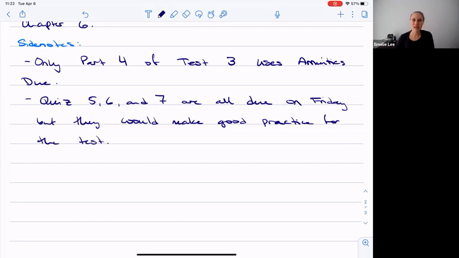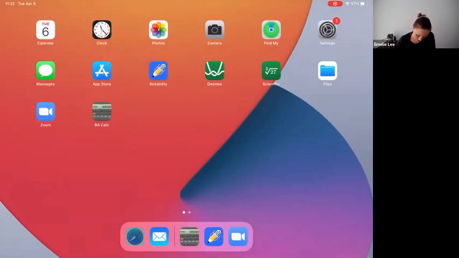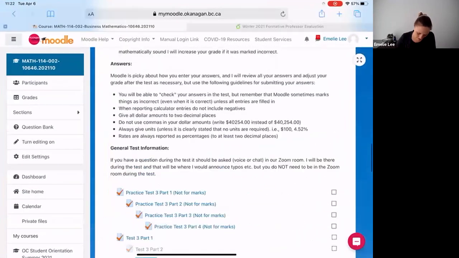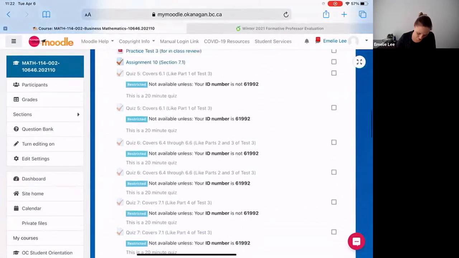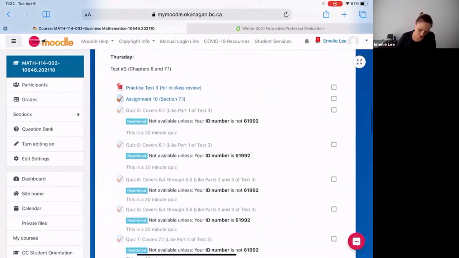Okay, I think I even said which ones they're like. So let's see here. Quiz 5 is like part 1 of test 3. So once you've done enough practice, and like I said, we're going to work through those problems, once you're good at quiz 5, when is it due?